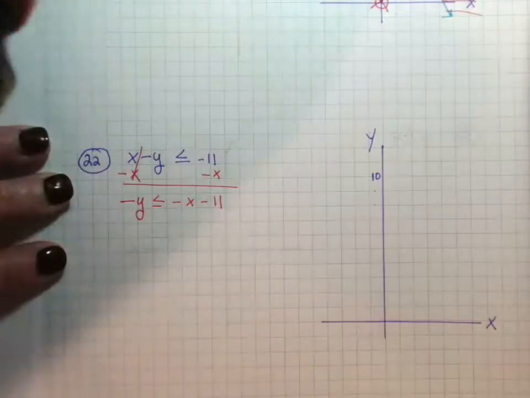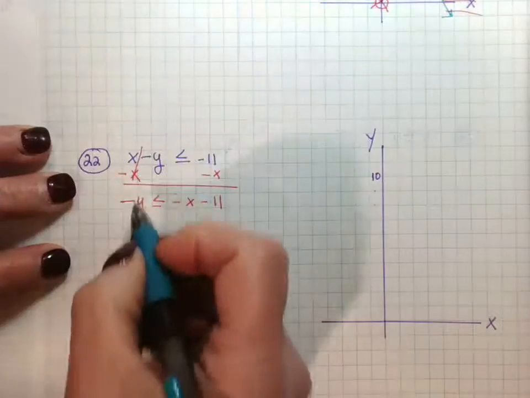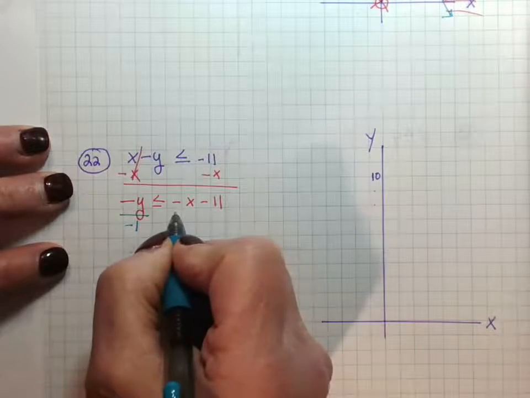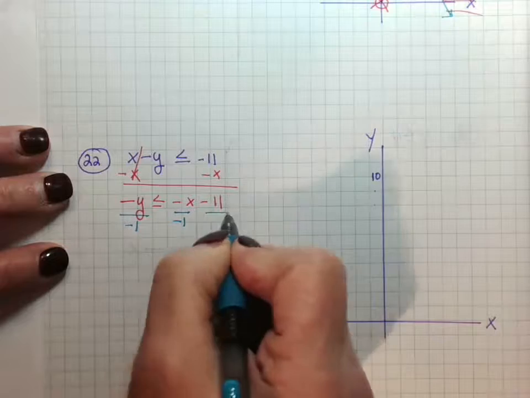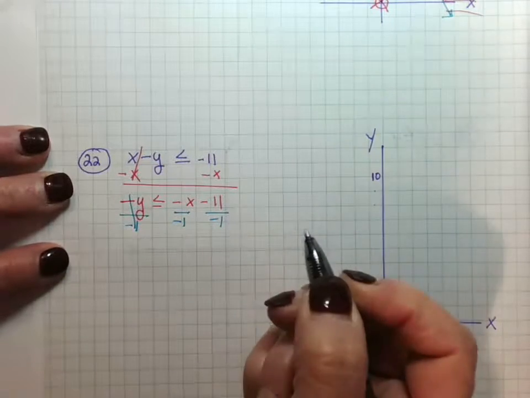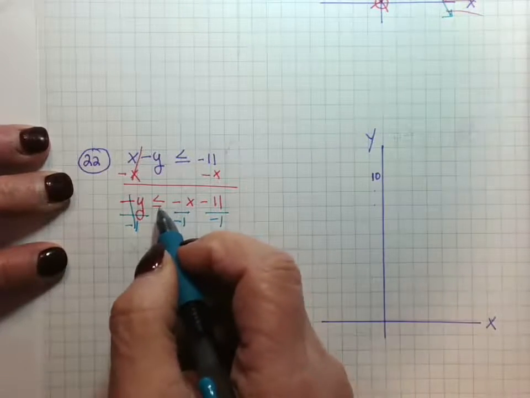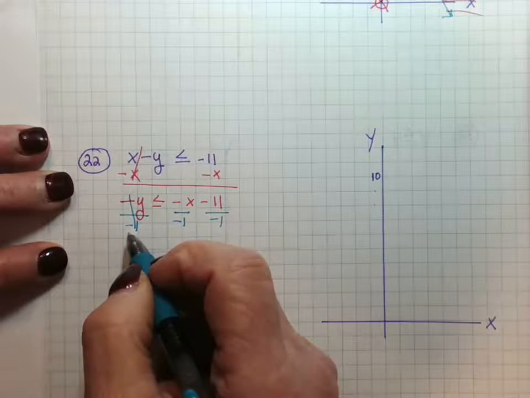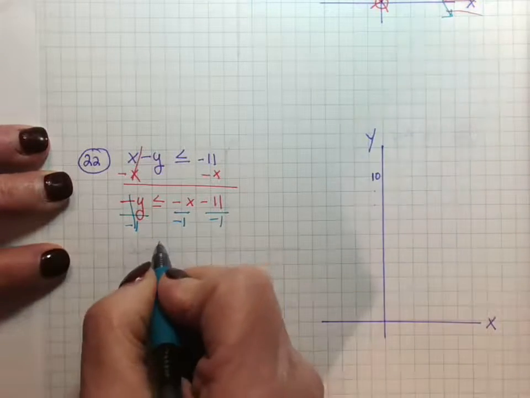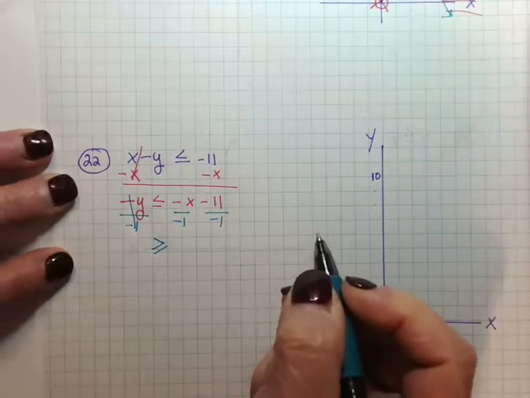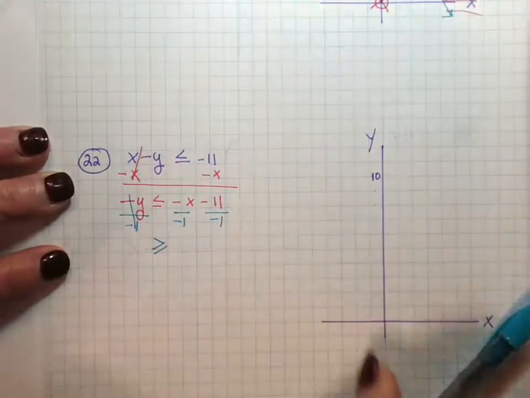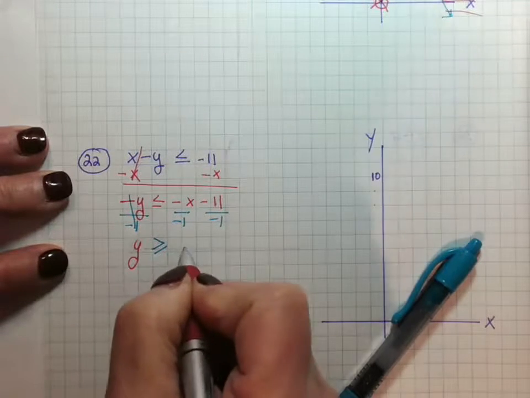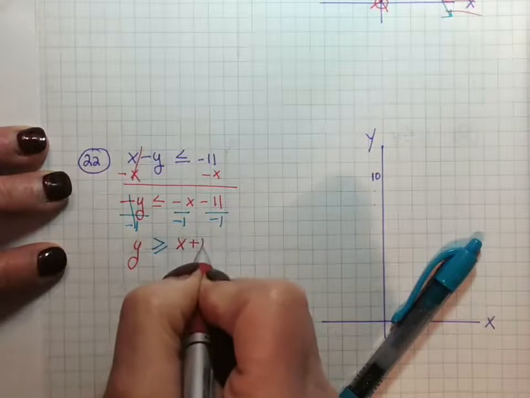And now we're going to divide this by negative 1, this by negative 1, this by negative 1. Now, do you remember what happens with an inequality when we divide by a negative number? Of course you do. We have to switch the direction of the inequality. So we have y is greater than or equal to x plus 11.